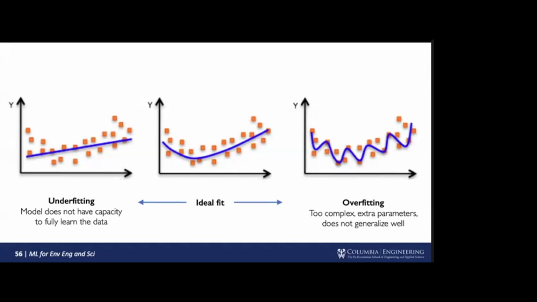So how do you formally describe this behavior, whether your model is a good fit or not? We call it generalization. Whether your model is a good generalization of the true behavior, or whether you have any regularization in your model so that it's not overfitting the curve. That's what we are going to discuss next.